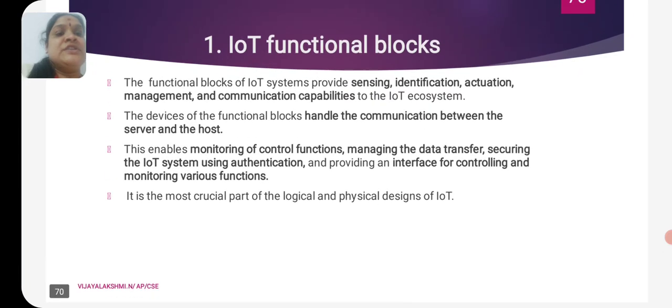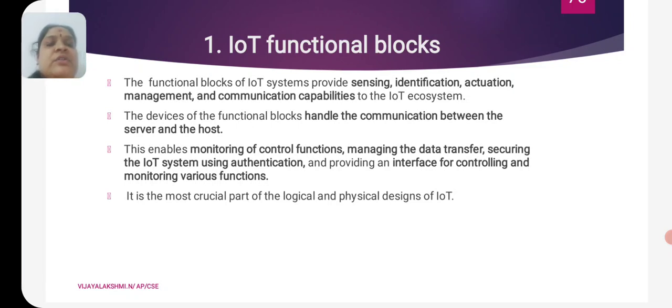So the first thing is functional block. Functional blocks provide the sensing, identification, actuation, management, and communication capabilities of the ecosystem. They can handle the communication between the server and the host.